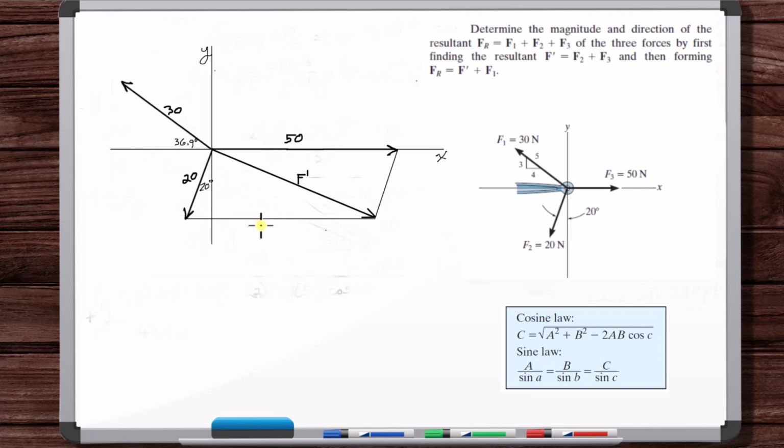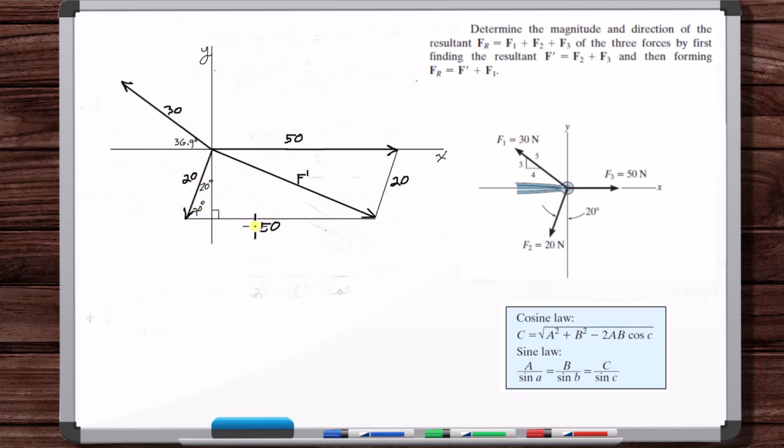So, okay, this is 50. This is 20. If we had this angle, we could solve for F prime. And can we get that angle? Yes, we can, because this is a 90-degree angle. So 180 minus 90 is 90, minus 20 is 70. This is 70 degrees.